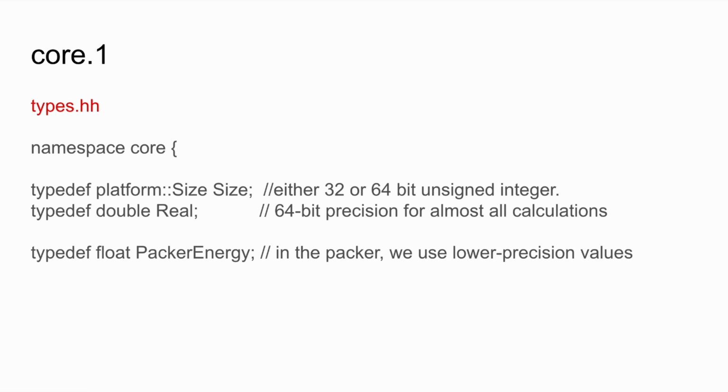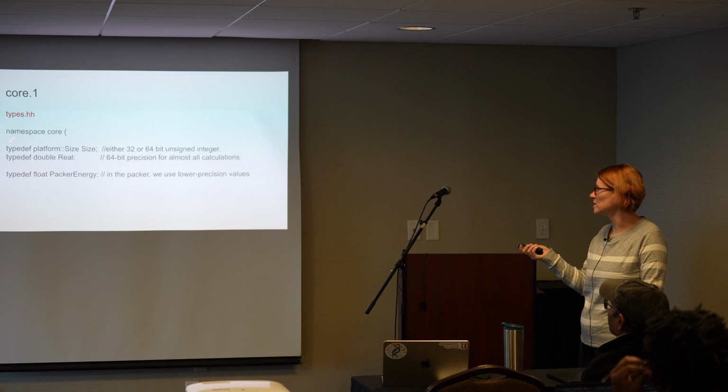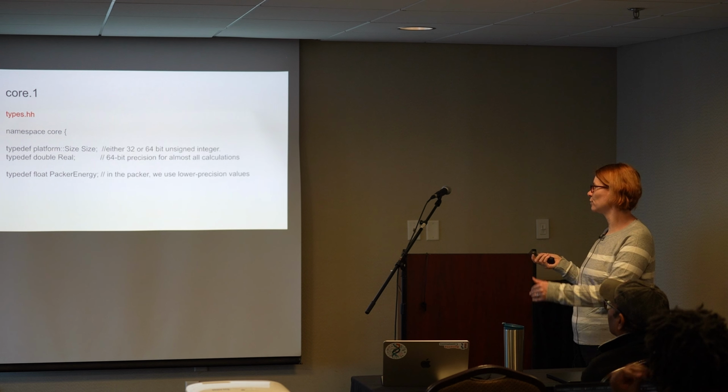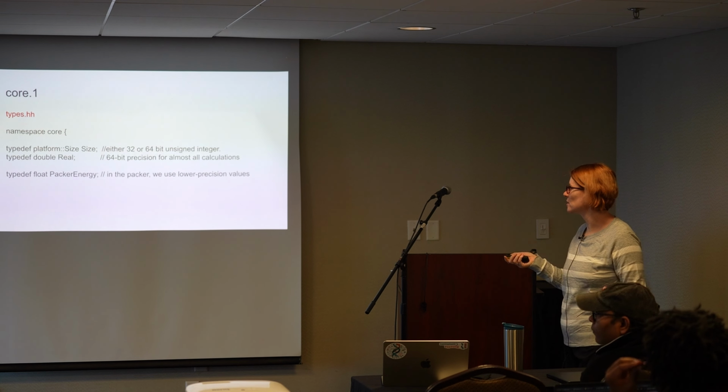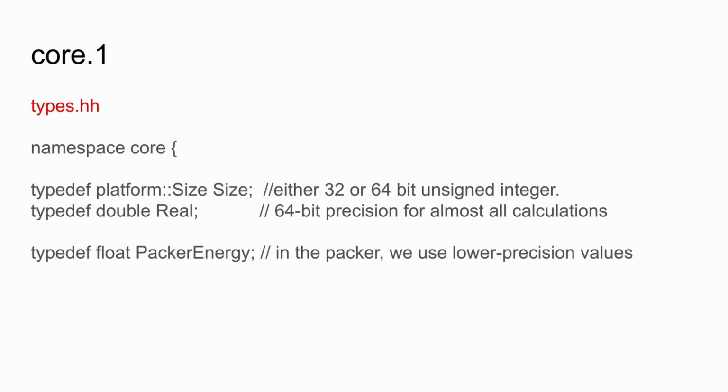Obviously, Rosetta runs on your laptop, your Mac, your cluster, and each platform has a different amount of memory, and so basically, we're telling Rosetta, oh, depending on this platform, this is what a size is, or this is what a real is. And so this all lives in core types.